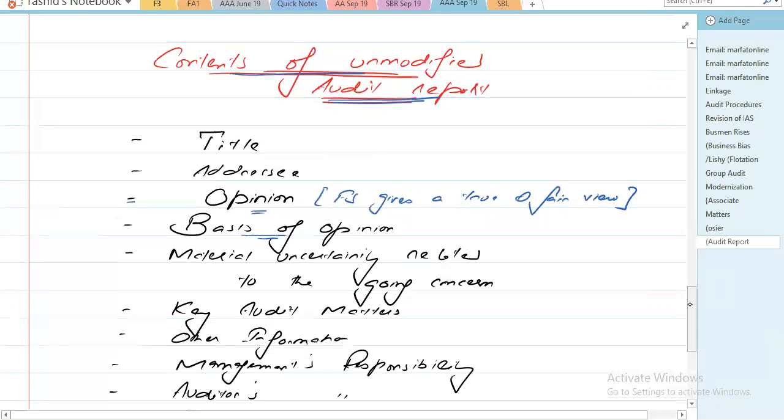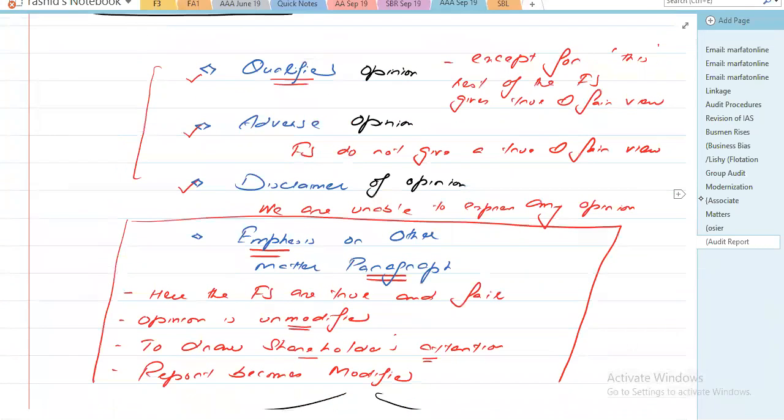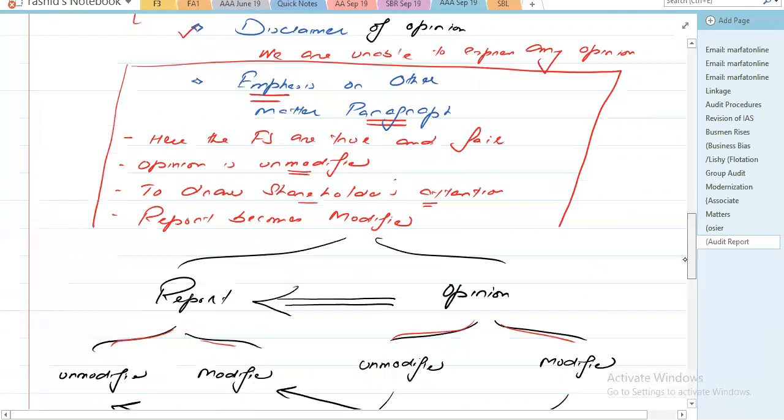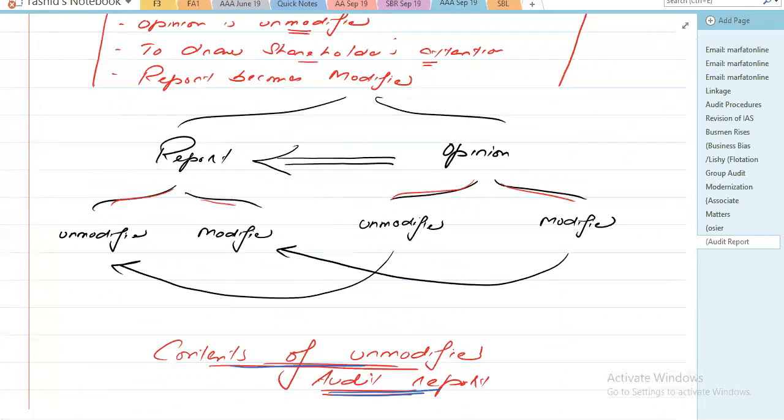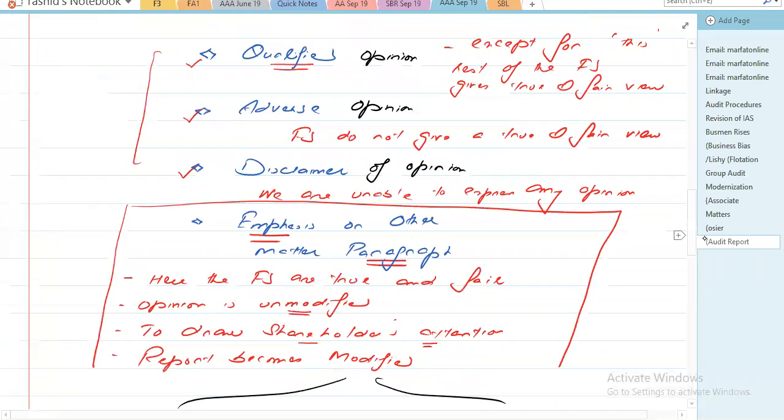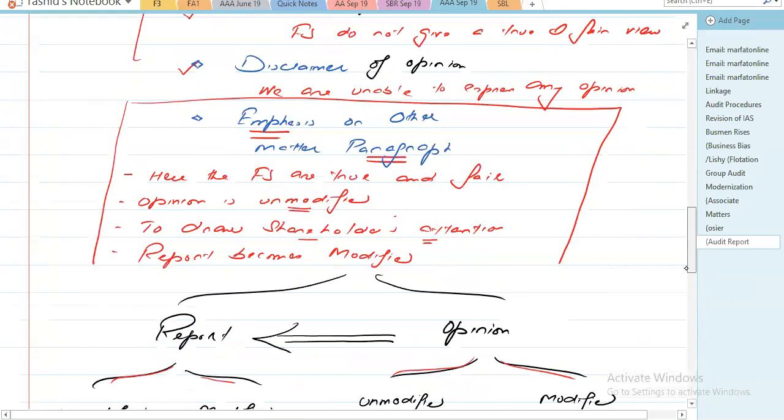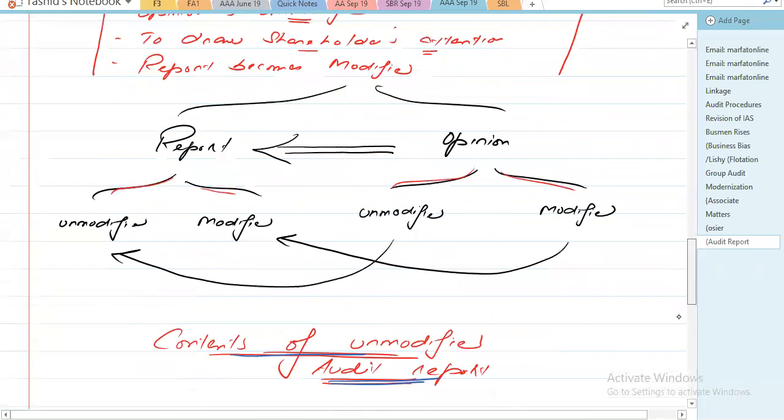For example, if I'm giving a qualified opinion, that except for the inventory, the rest of the financial statement gives a true and fair view, my reason is that they have not recorded the inventory correctly. I'll explain this in the basis of opinion. Similarly, it may be except for the impairment, and again the impairment will be described in the basis of opinion.